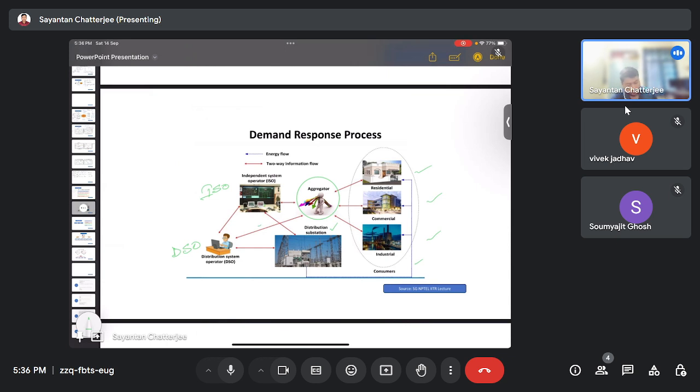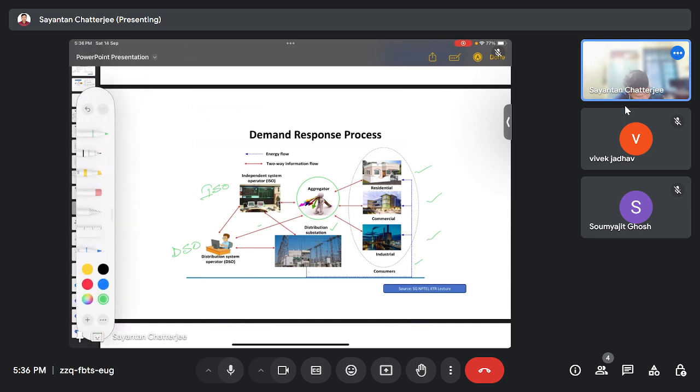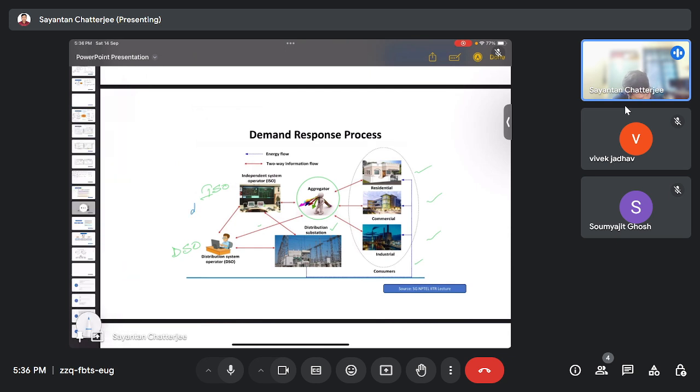So the ISO would be delivering the demand information. The aggregator receives this information from the ISO. Now the aggregator will select the consumers to participate in this demand response activity. That's the role of the aggregator, to select how consumers would participate.